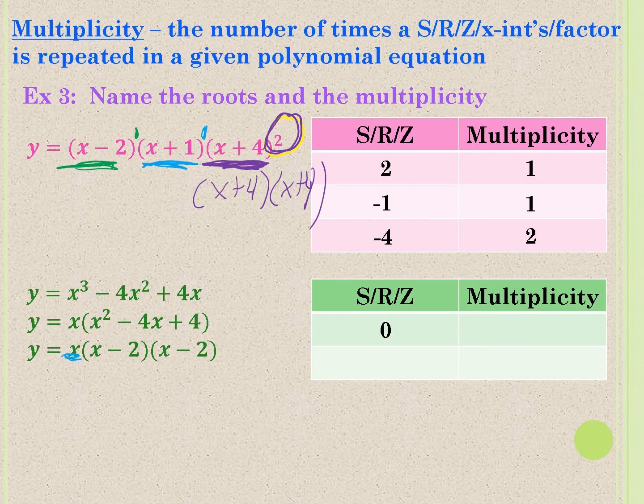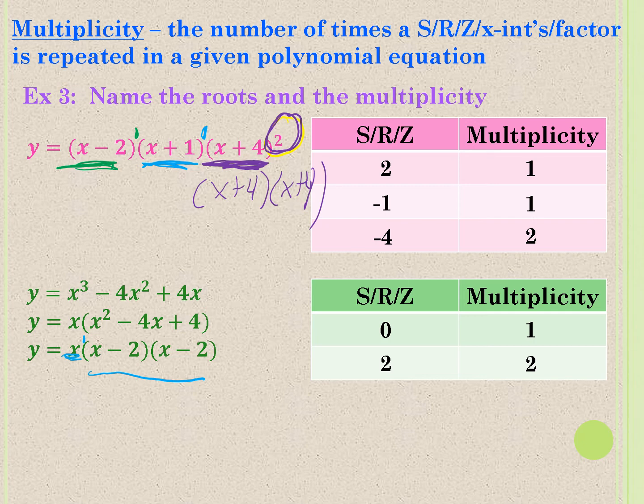So how many times does it appear? Well, it has an understood 1 as its exponent, so its multiplicity is 1. Now I notice that these two will both produce the same root of positive 2. Well, how many times does x minus 2 appear? 2 times.